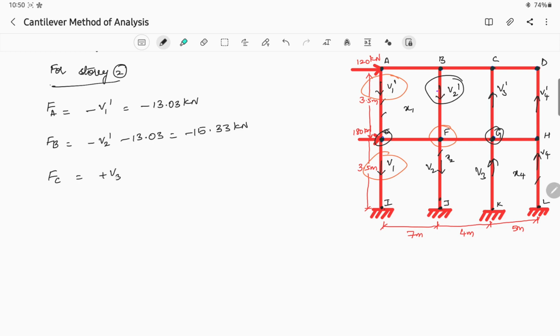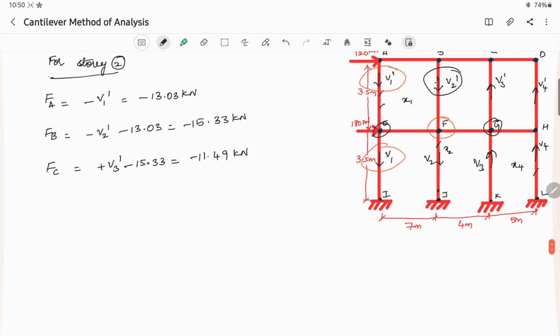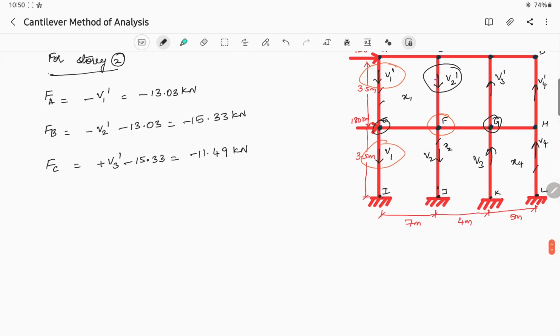and what is the previous value? Minus 15.33. The value for C will be minus 11.49 kilonewton. Similarly, next we will go for the next joint, that is joint D. Shear force at D is equal to V4 dash, going towards the joint D, that is V4 dash minus the previous value, 11.49.